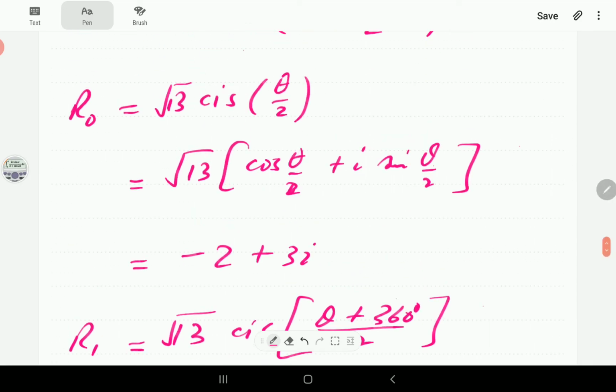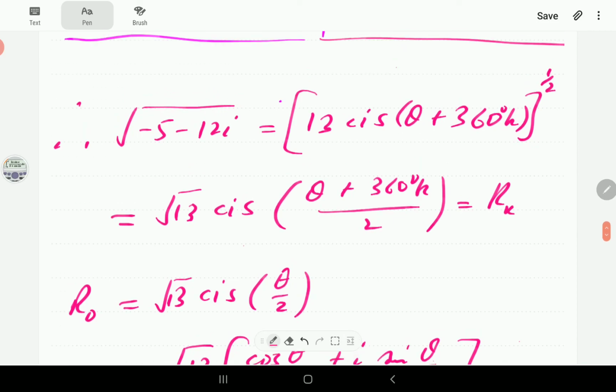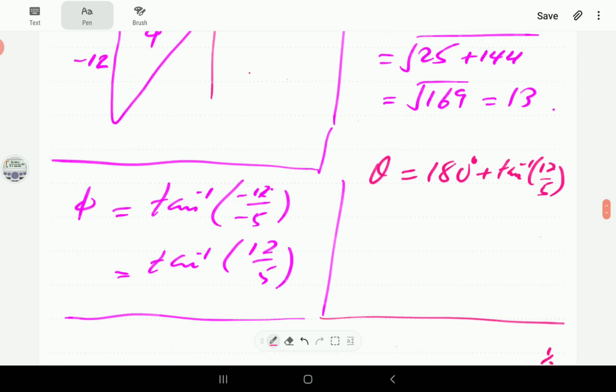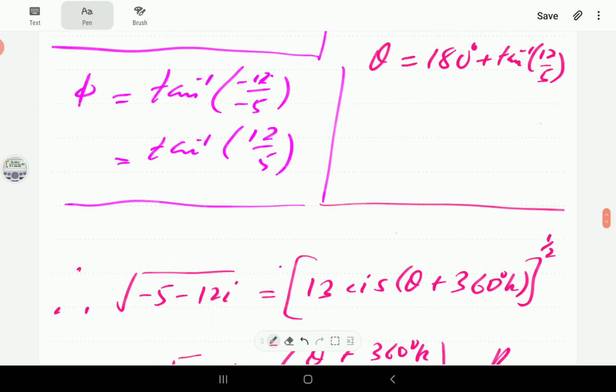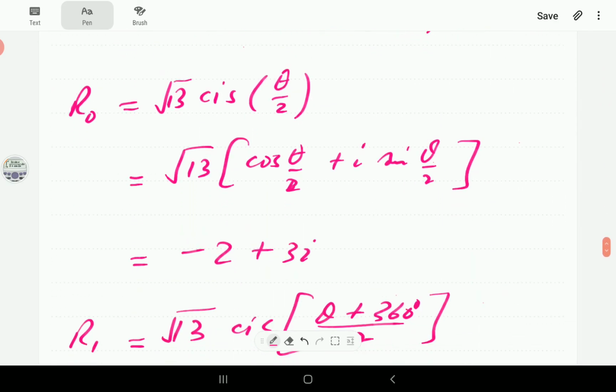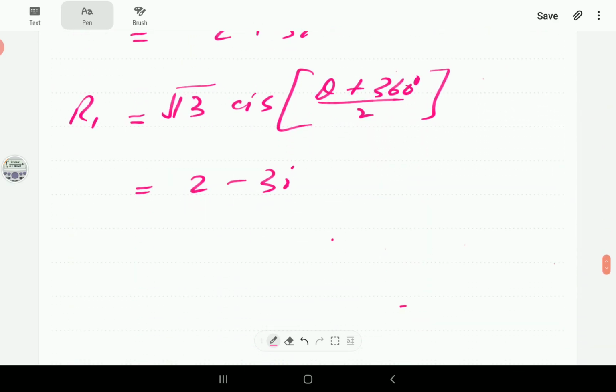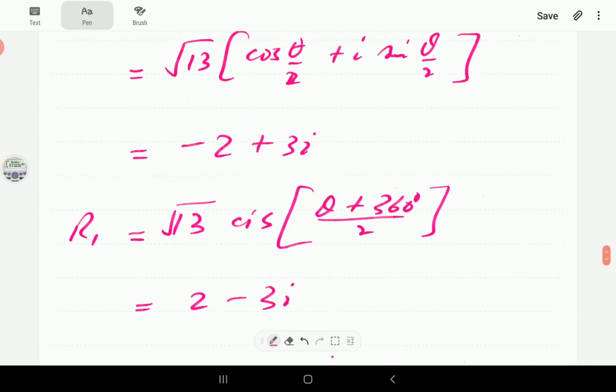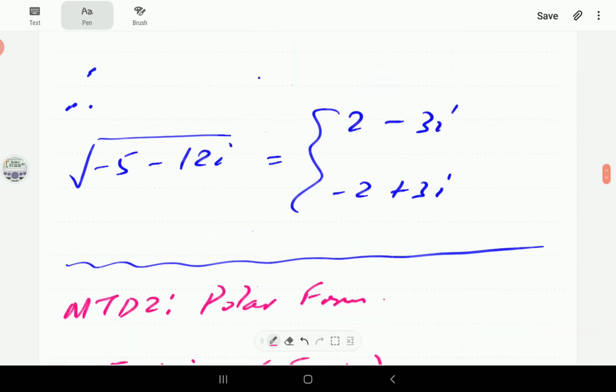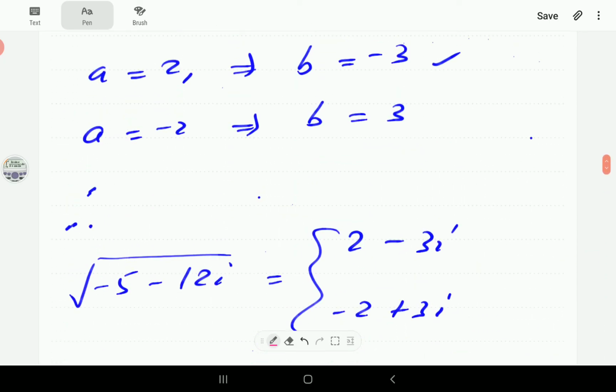Okay, and this is exactly the same values as we found using the other approach. You're going to notice that this de Moivre's approach is relatively shorter than the approach using the rectangular formulation.